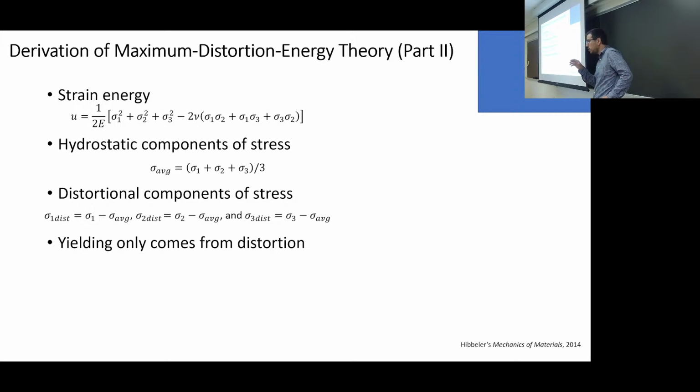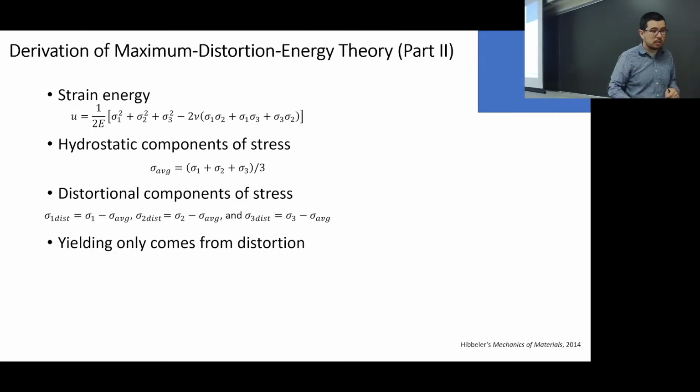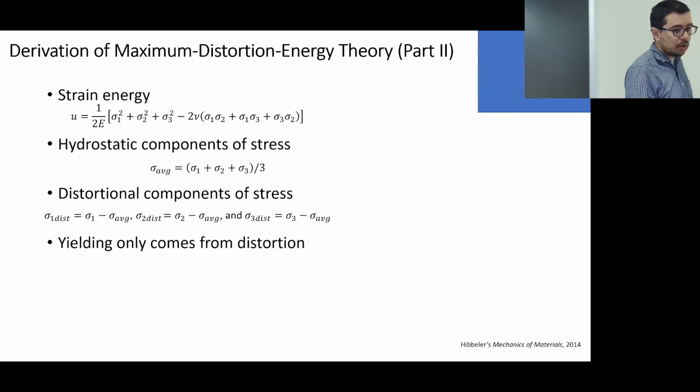Does that make sense? So I've got some average stress, say my average stress is 50 megapascals, but in this direction I'm at 100 megapascals, so I have a distortional stress of 50. And in this other direction I've got a stress of 20, and so I've got a negative 30 megapascals distortional component of stress.